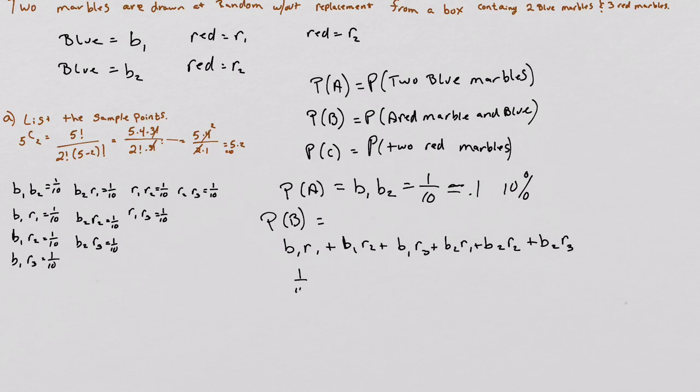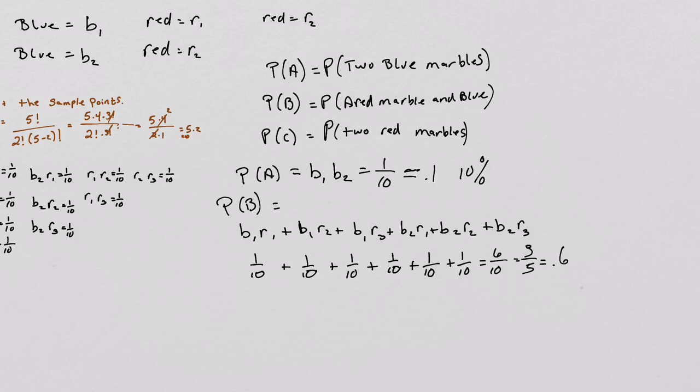Well, each one of these is 1/10. There are 6 different ones here, so I have 1/10 6 times. When I add those up, that becomes 6/10, or 3/5, because they both have a 2 in common. Or you could say 0.6, or 60% of the time.